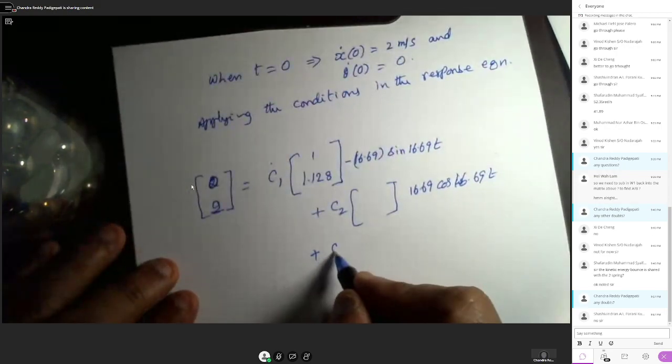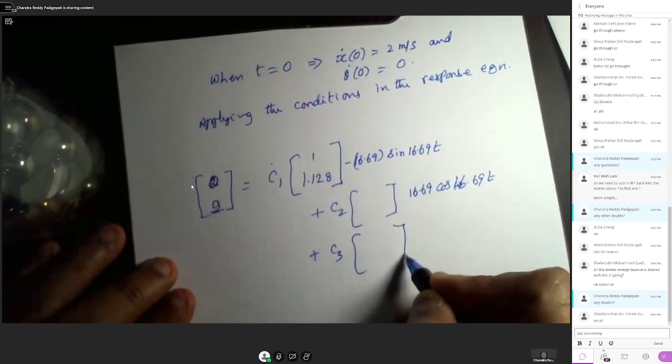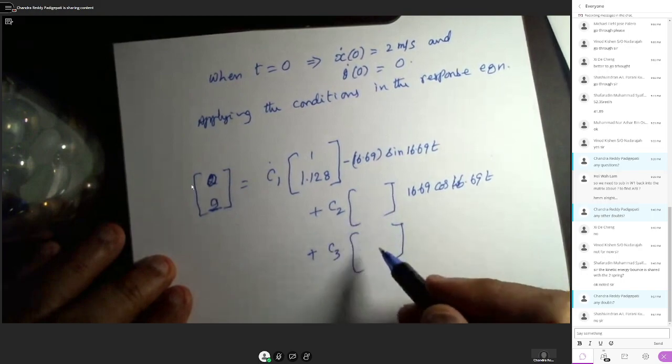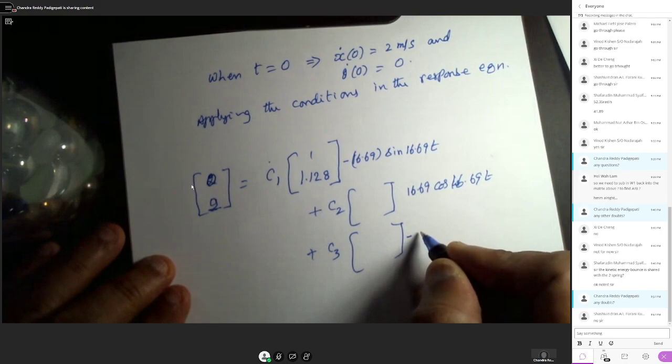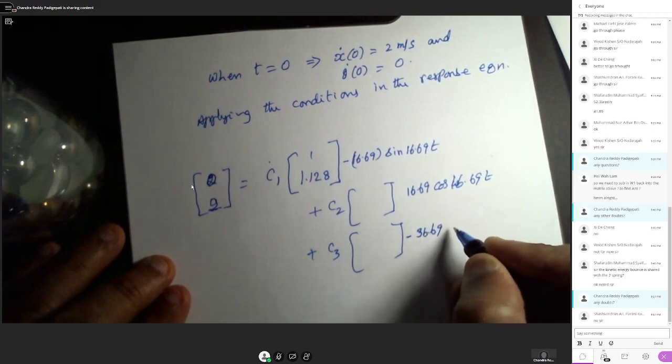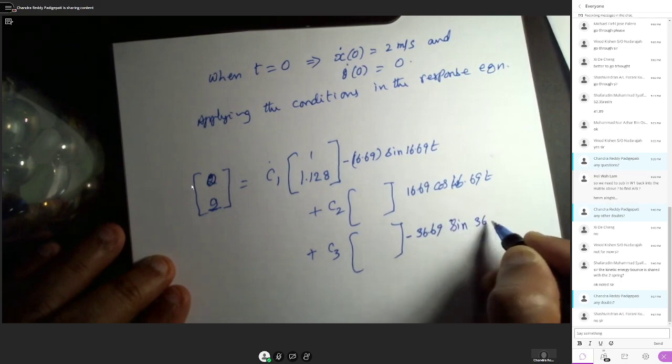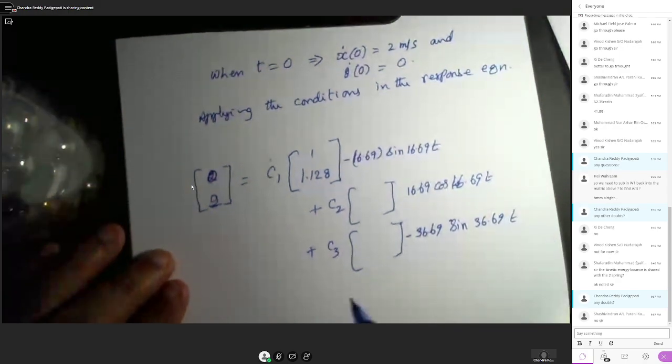Then plus C3 into, I'm just ignoring writing the same things, cos omega t is minus 36.69 sine 36.69 t.